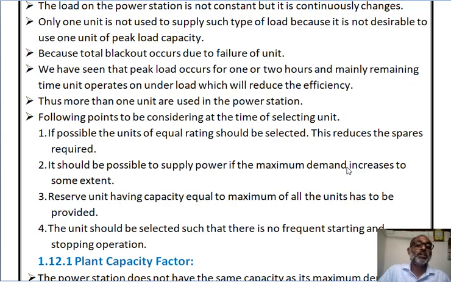Third, a reserve unit having capacity equal to the maximum of all the units has to be provided in the power station. Fourth, the units should be selected in such a way that there is no frequent starting and stopping operation. So these are the points to be considered at the time of selecting a unit.